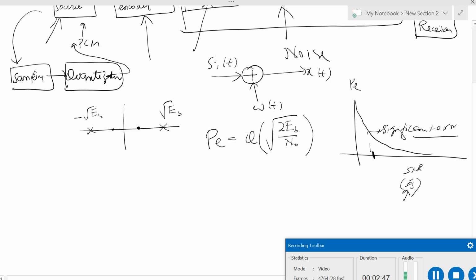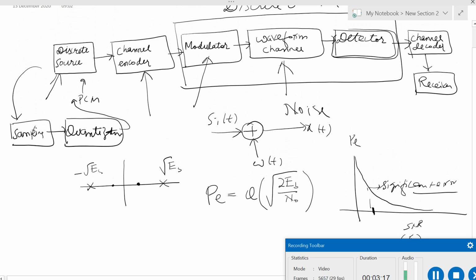Maybe in case of large receivers, suppose satellite communication, you may afford to have very large power, so you can bump in a lot of power, you can increase EB so that you get less probability of error, but you will never get it to zero. But in usual point-to-point communication or mobile communication, small handheld devices, you cannot increase power too much, so you need to have some other scheme.